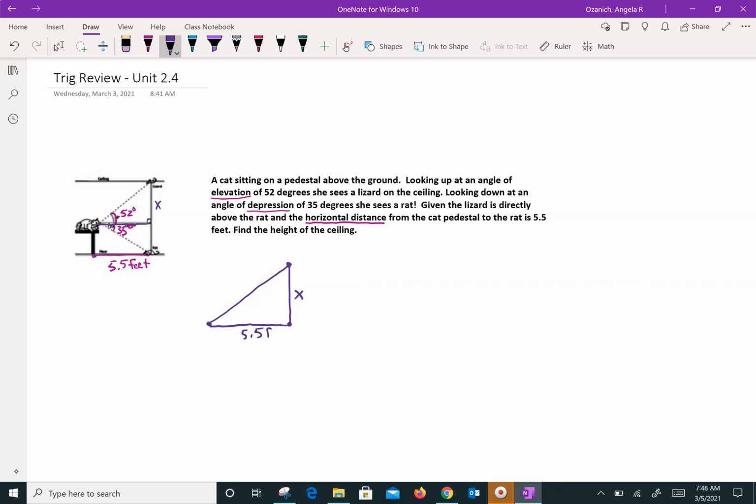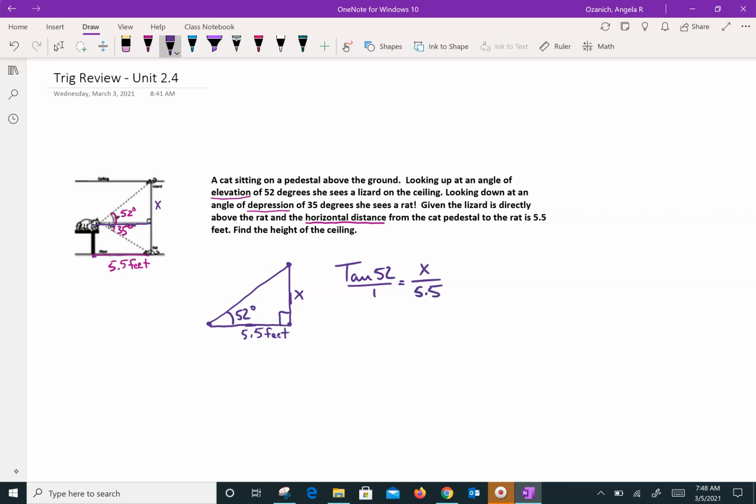This is kind of one of those step 1, step 2, step 3 kind of problems. All right. So we know this angle is 52 degrees, and with respect to this angle, we want the side opposite. We know the side adjacent. So if you chose to use tangent of 52 degrees, you have chosen the correct trig function for this problem.